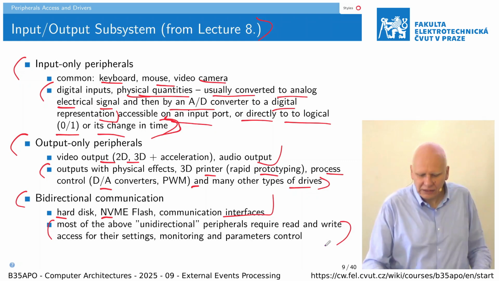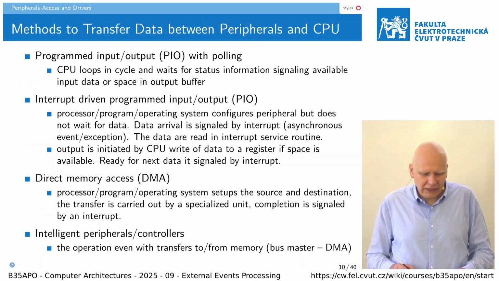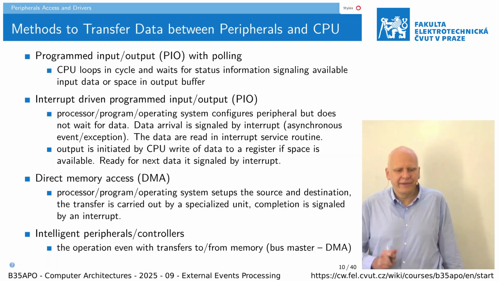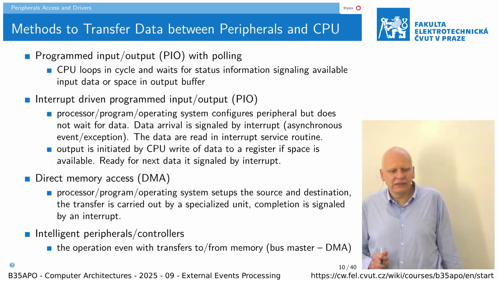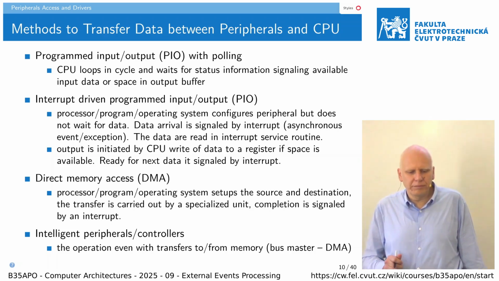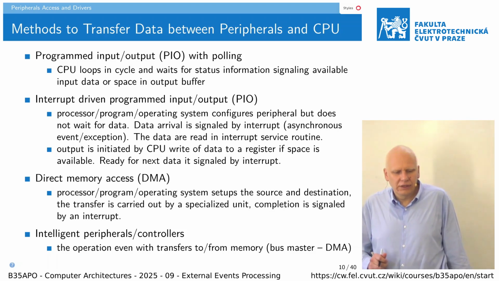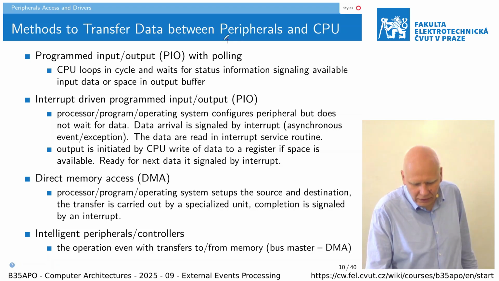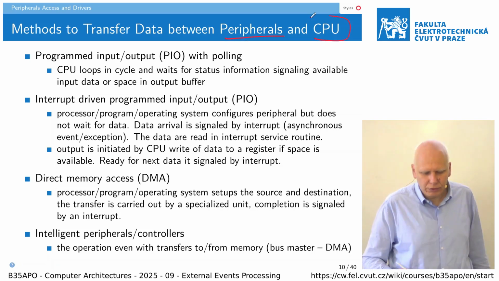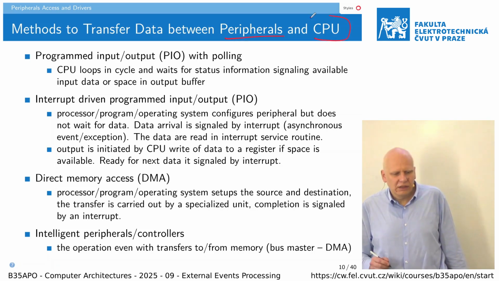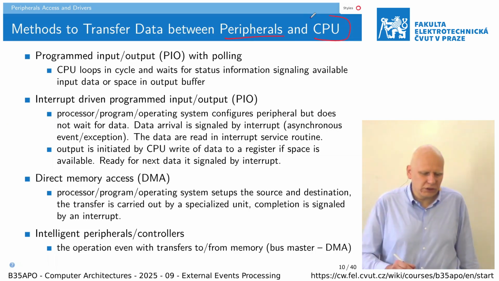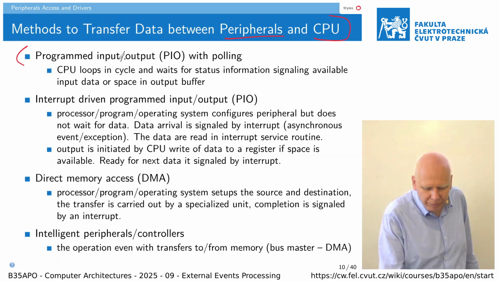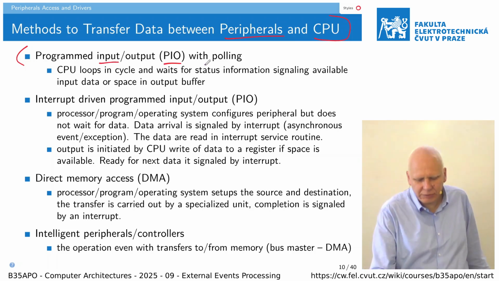So usually today we have peripherals which allow both directions. And if we start to look at the methods by which data are delivered between the peripherals and the CPU, then the simplest solution, which you have already seen during the 8th lecture, was programmed input-output with polling.